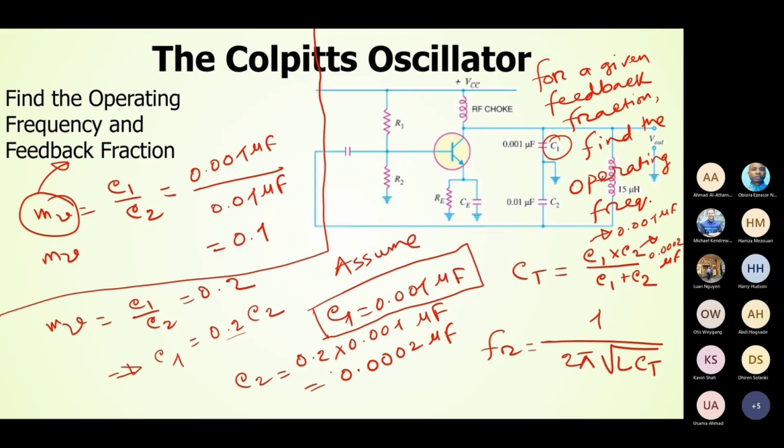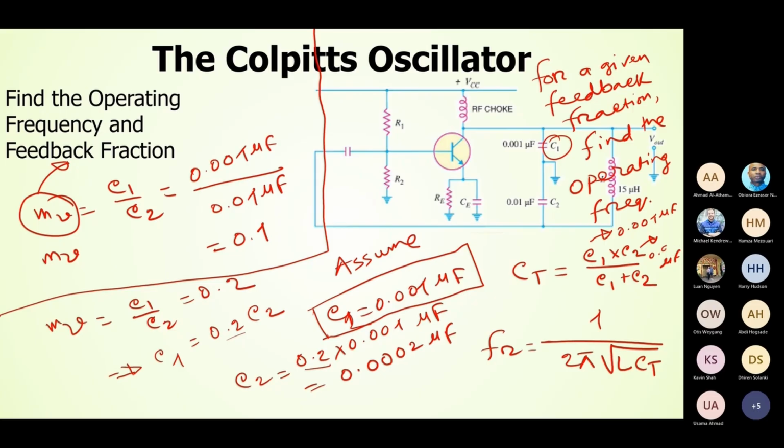Isn't it meant to be divided? Yeah, it should be C2, not C1. It's up to you. You can either select C1 then find C2, or select C2 and find C1. So in this case, it would be slightly changed.